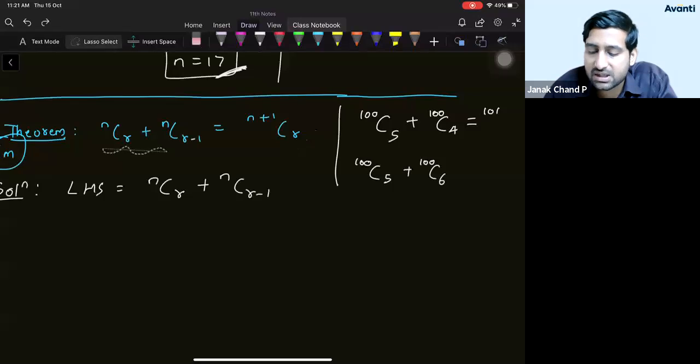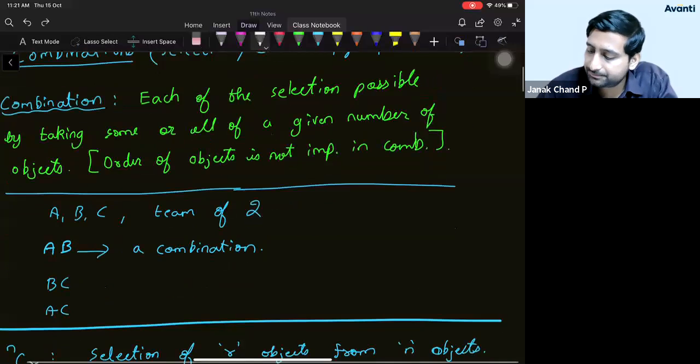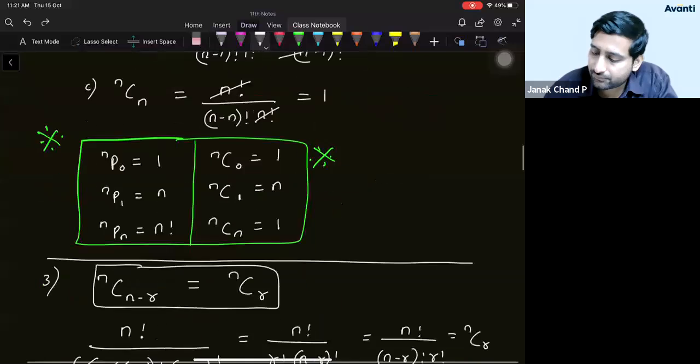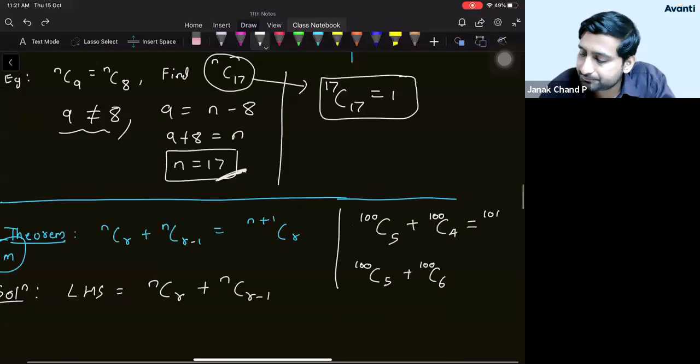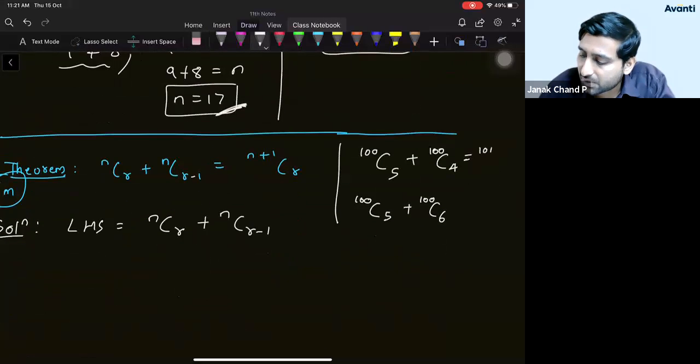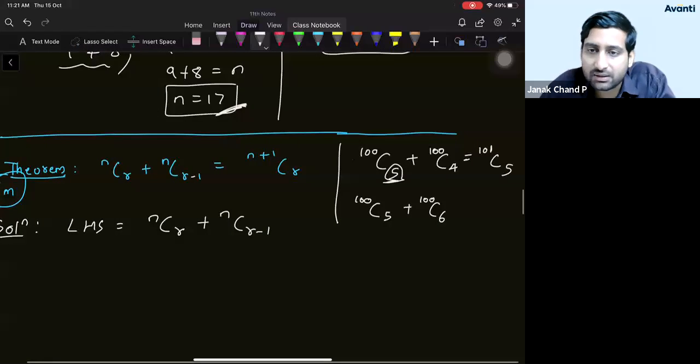So the n value will increase by 1, and out of these two, whichever is bigger, that will come. So if I increase this 100 by 1, I will get 101.